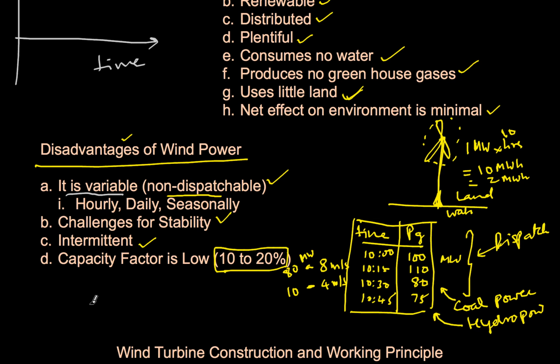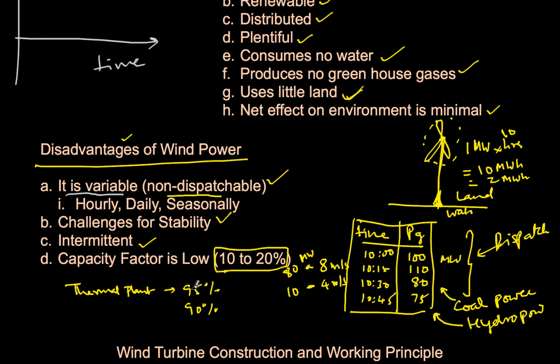For example, if you want to compare, what is the capacity factor of a thermal plant? A thermal plant's capacity factor is almost close to 95%. 90 to 95%, where that 5% or 10% is lost is only when you purposefully shut down the thermal generator for repair or maintenance.